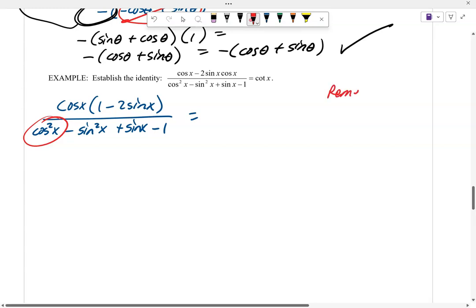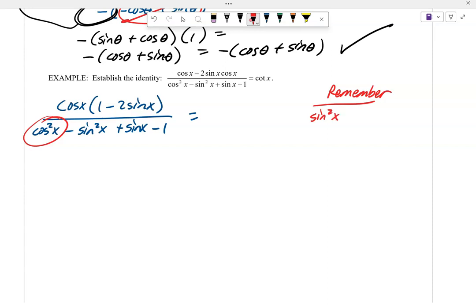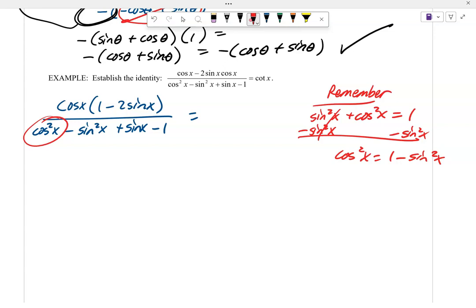Remember, I know sine squared plus cosine squared is 1. So what is cosine squared? Well, if I solve for cosine squared, it is 1 minus sine squared. So that's what I'm going to replace.